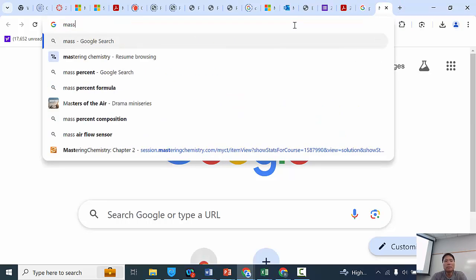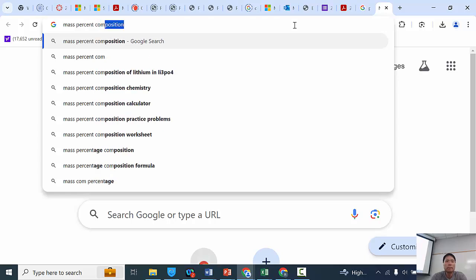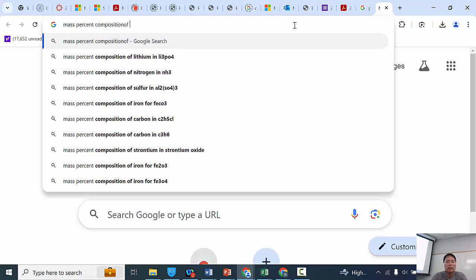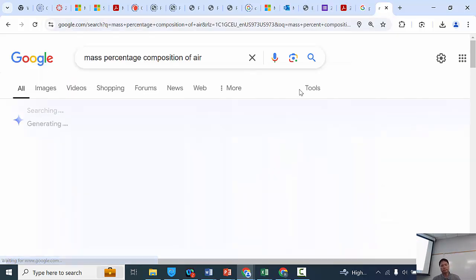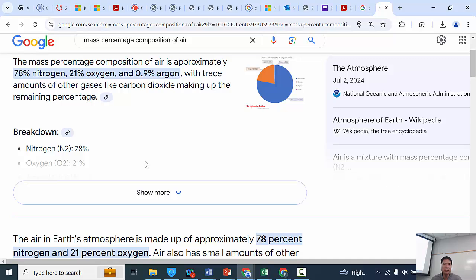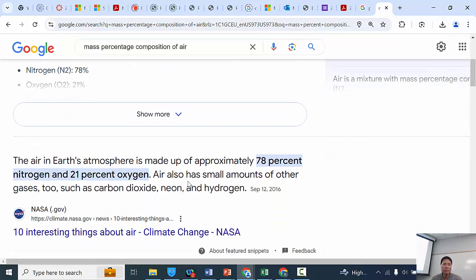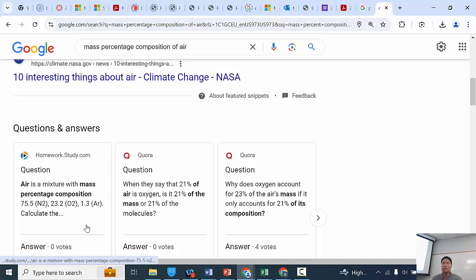And so if we look at the mass percent composition of air, I get this, but this is wrong. This is not the mass percent composition of air, nor is this. This is the mass percent composition of air, here.